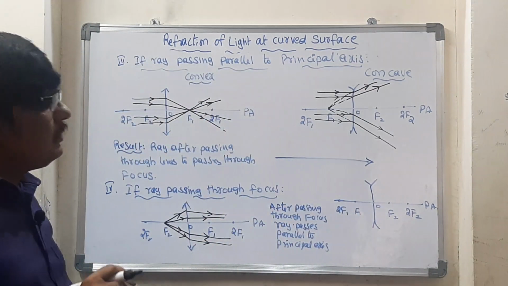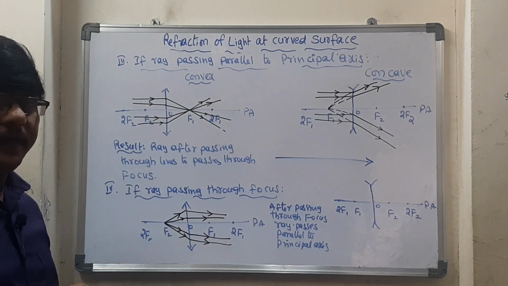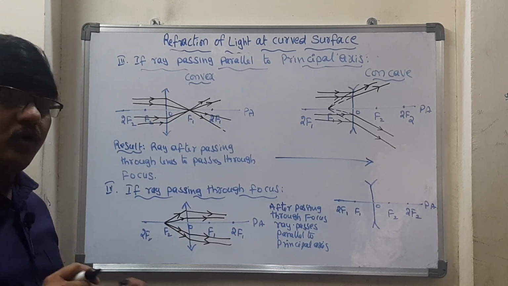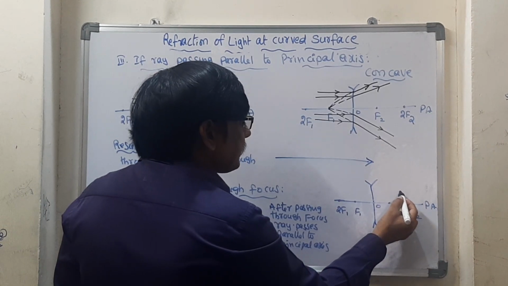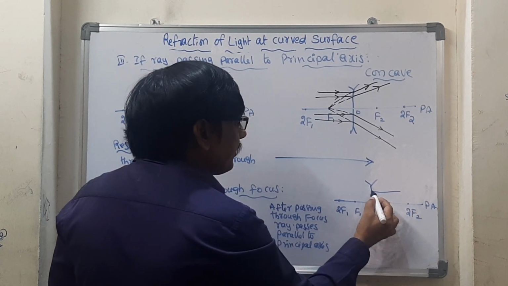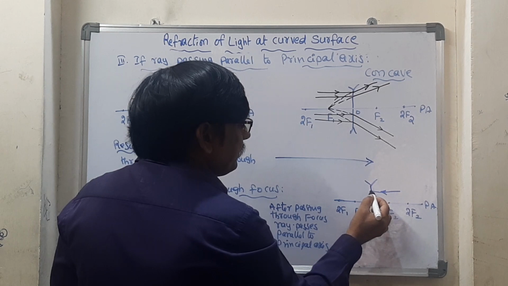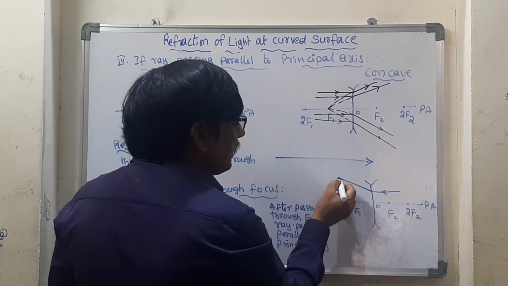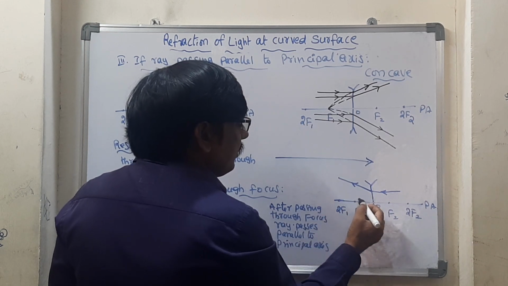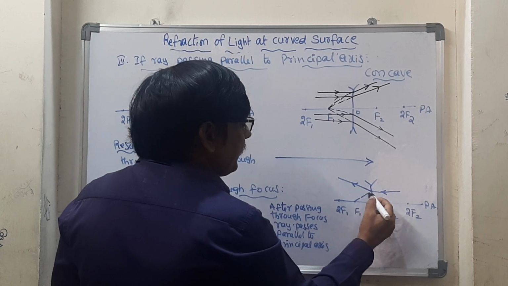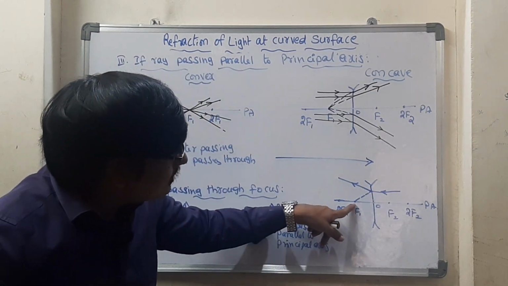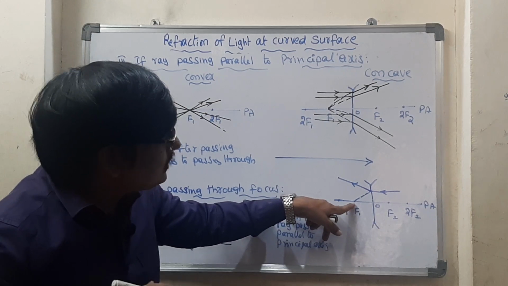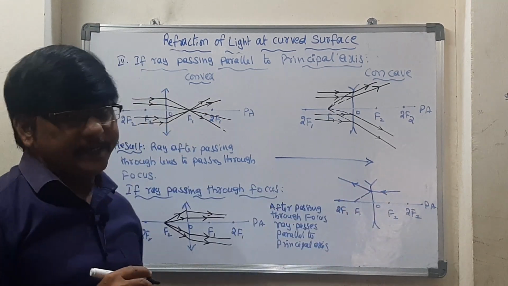Now our aim is to get the ray passing through focus. If the ray is coming towards this side, it undergoes diverging. So we will extend the duplicate right here. So if the ray is originating from the focus, it is parallel to the principal axis.